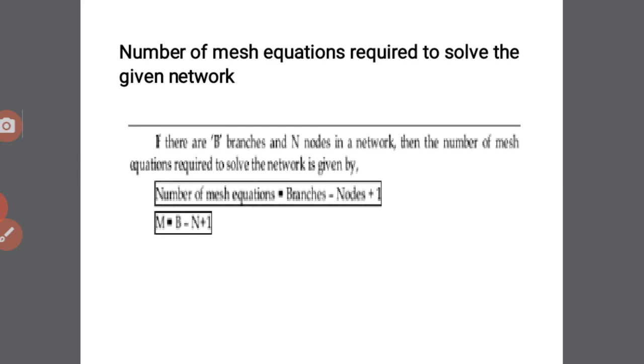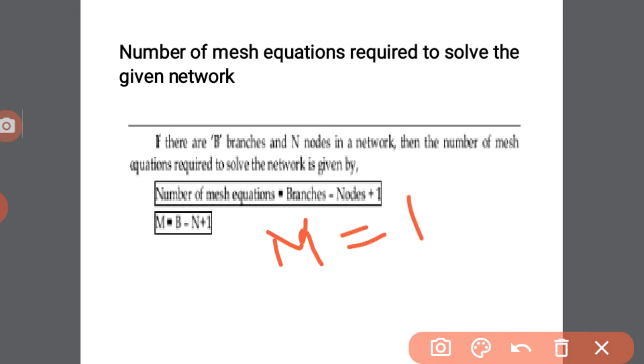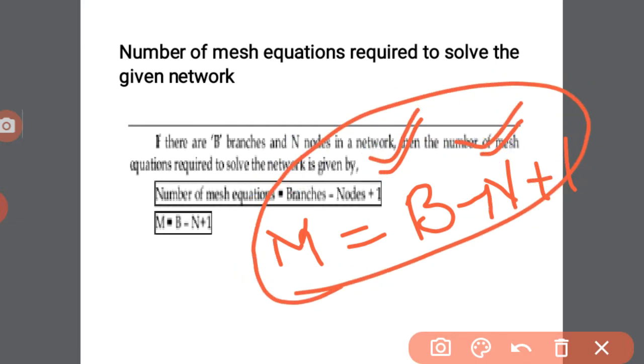So the number of mesh equations equals the number of branches minus the number of nodes plus 1.